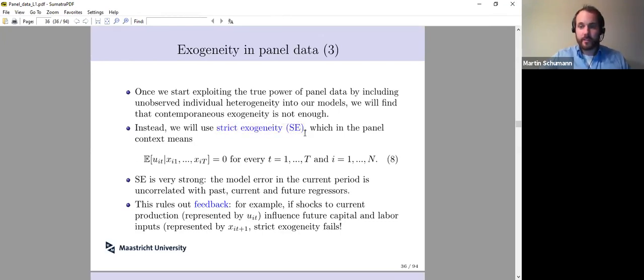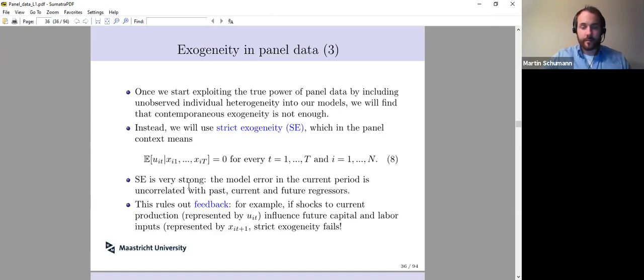In the panel context, that means that u in period t is mean independent of the x's in the whole time period, in all time periods. You see that it's not only x_it here, but it's x_i1 up to x_iT.